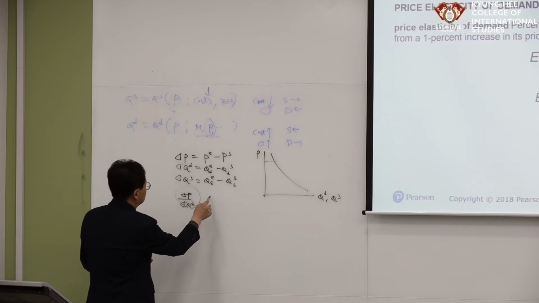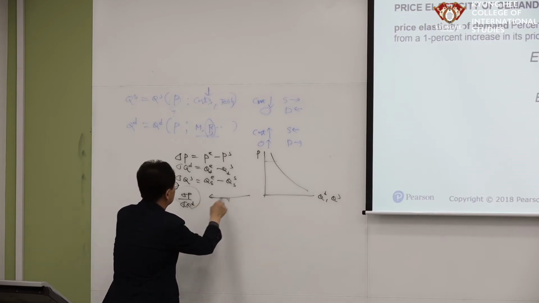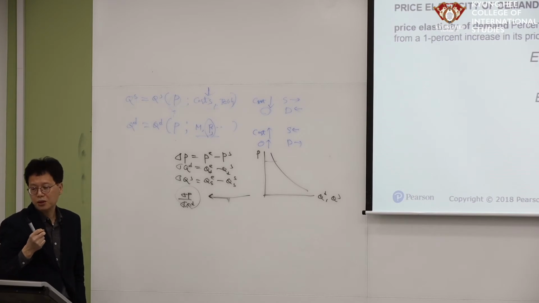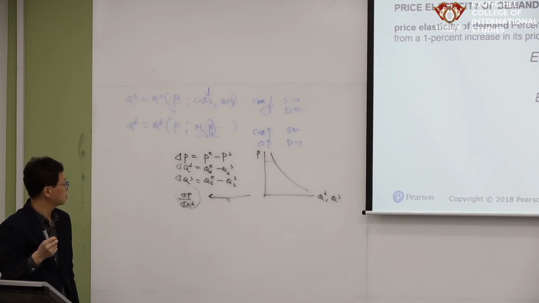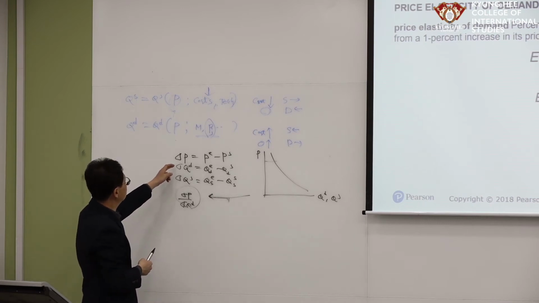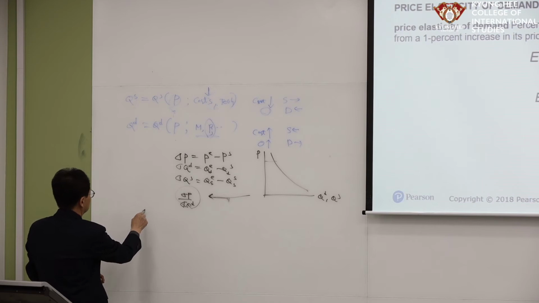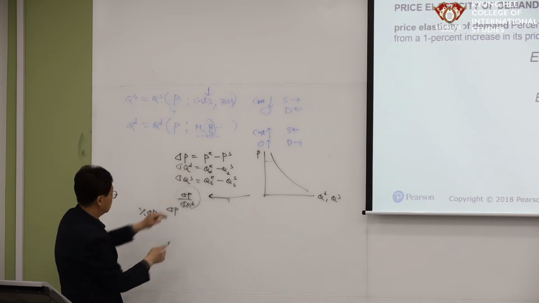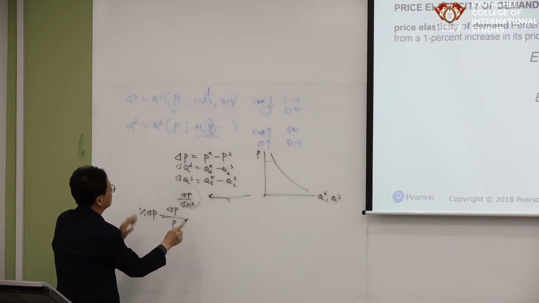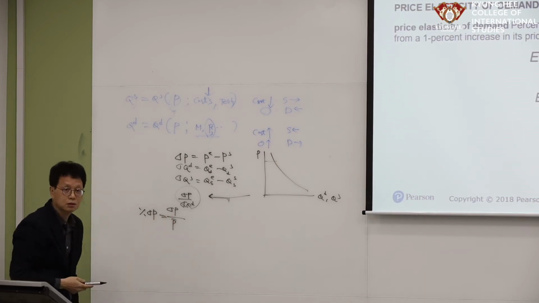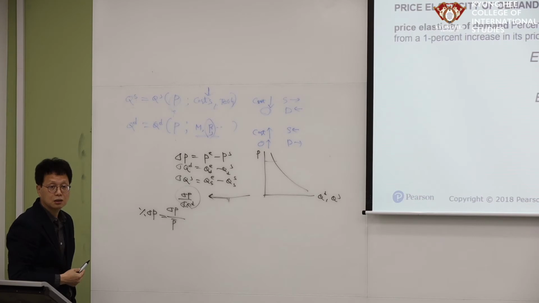Now think about from here. And now I'd like to explain percentage change. Percentage change means like this. Percentage change in price is equal to change in price divided by price, the average price or some certain price, average price usually for simplest purpose.